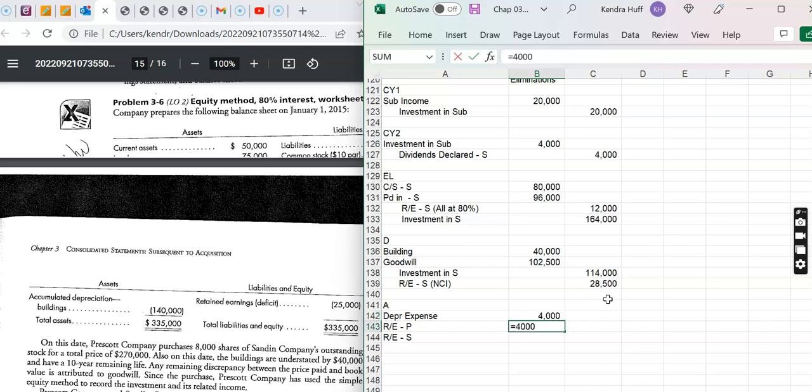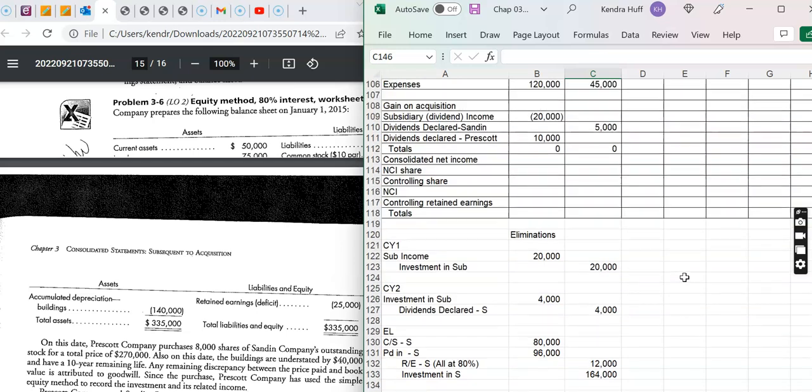So it's going to be 4,000 times 0.8, 4,000 times 0.2, and then it should be accumulated for 8. I think that's it. Is that it? I hope that's it.